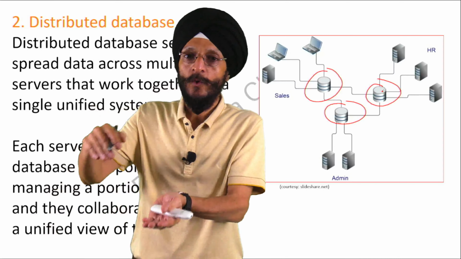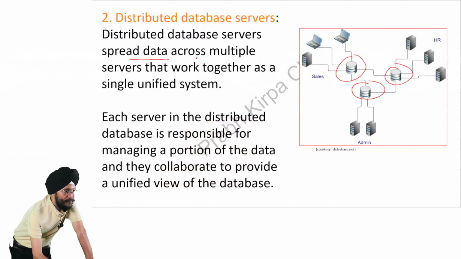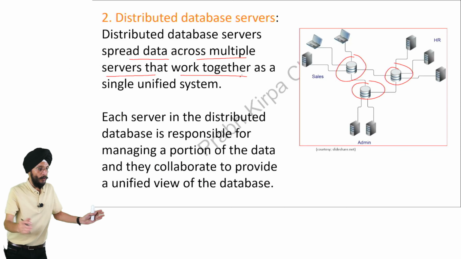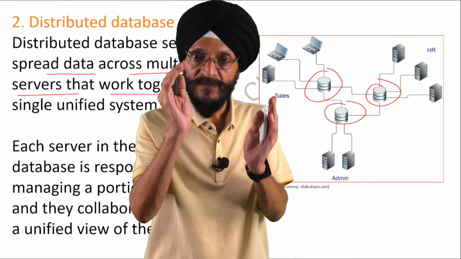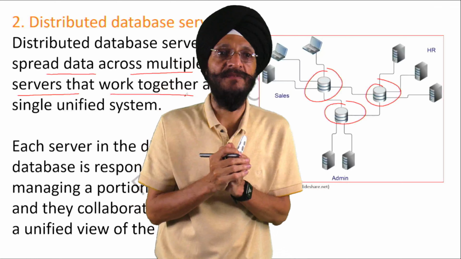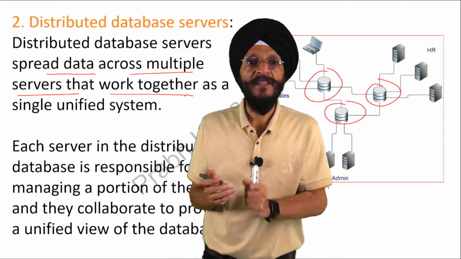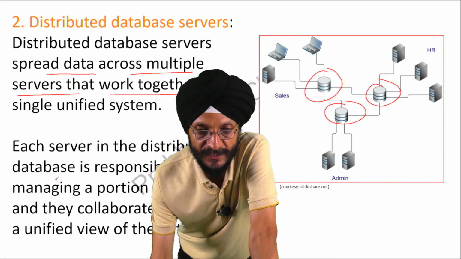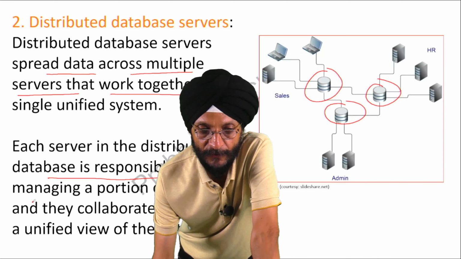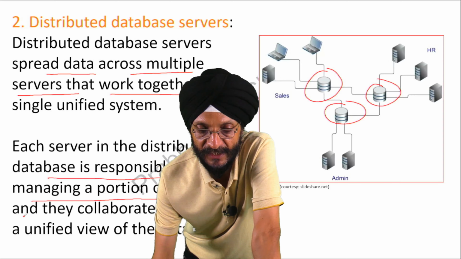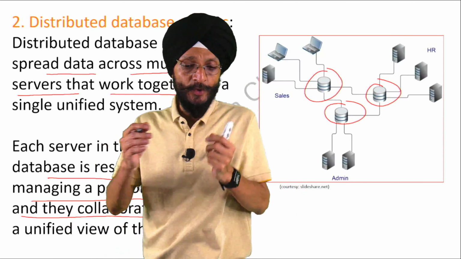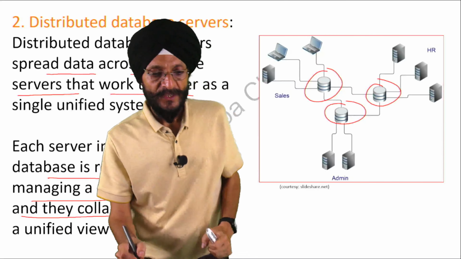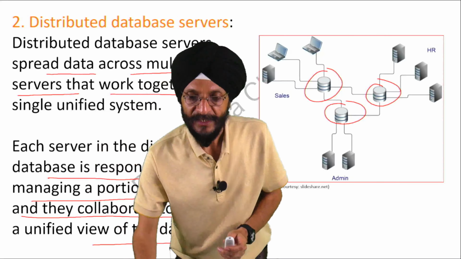Distributed database servers spread data across multiple servers that work together as a single unified system, that is, as a single server. Each server in the distributed database is responsible for managing a portion of the data, and they collaborate. They work in unison to provide a unified view of the database.